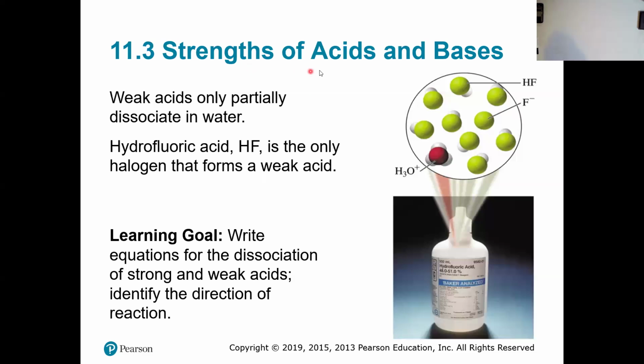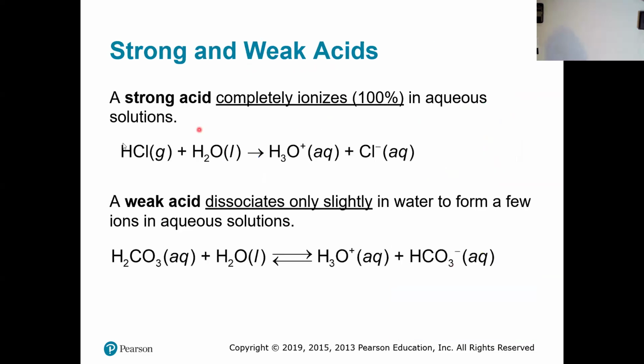Now let's look at acid-base strength and what that means for our solutions. Two terms, strong acid and weak acid, can sometimes be confusing because of what they imply. When you call something a strong acid, what you are saying is that the acid is going to ionize completely in solution.